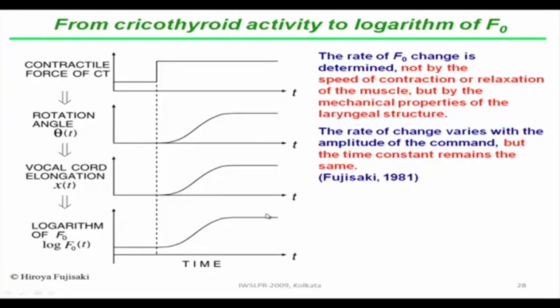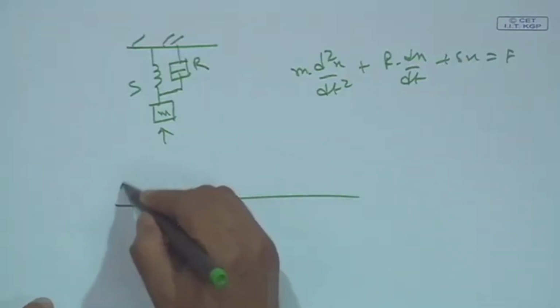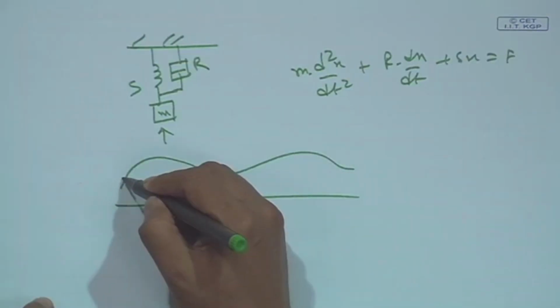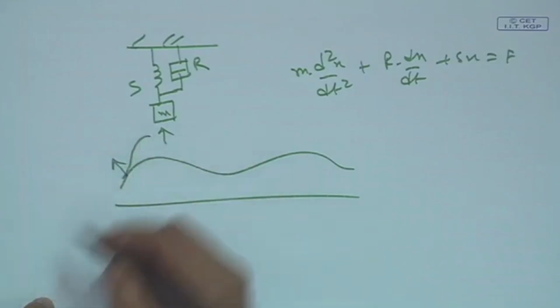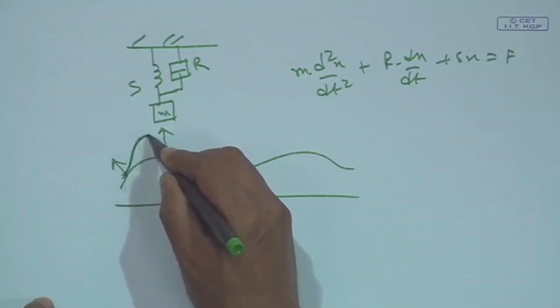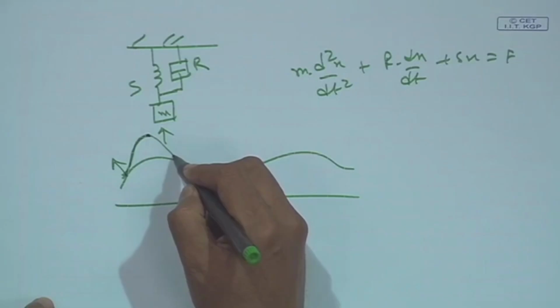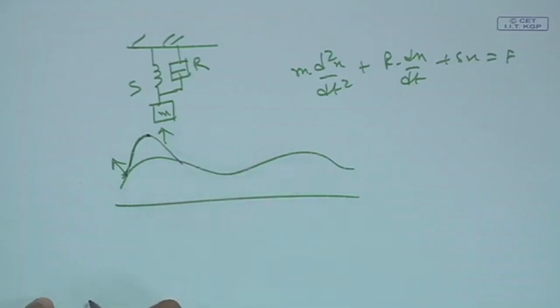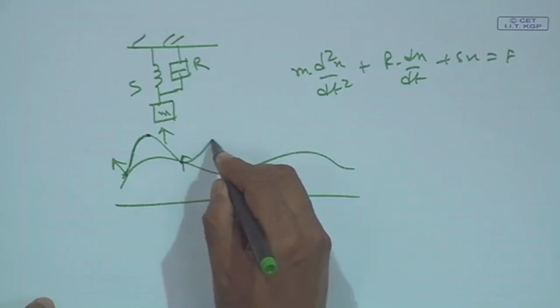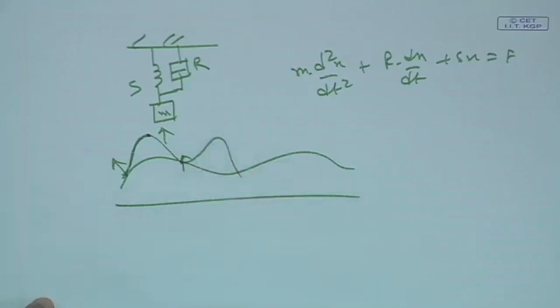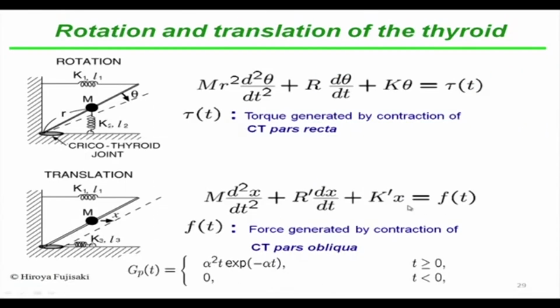In the action component, suppose this is the global component, it will vary like this. Even if I apply the command here, it takes time to reach the top, and again it goes down because of elasticity. Then if I apply a command here, it again goes up somewhere else because it requires some rising time. This is Professor Fujisaki's slide that I have taken.